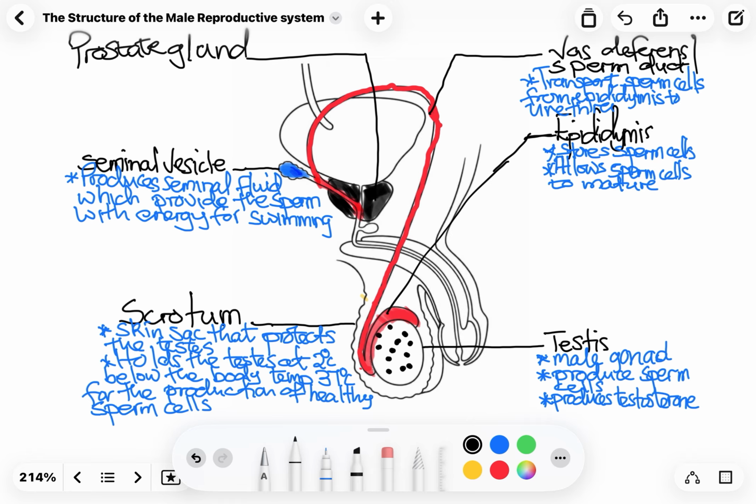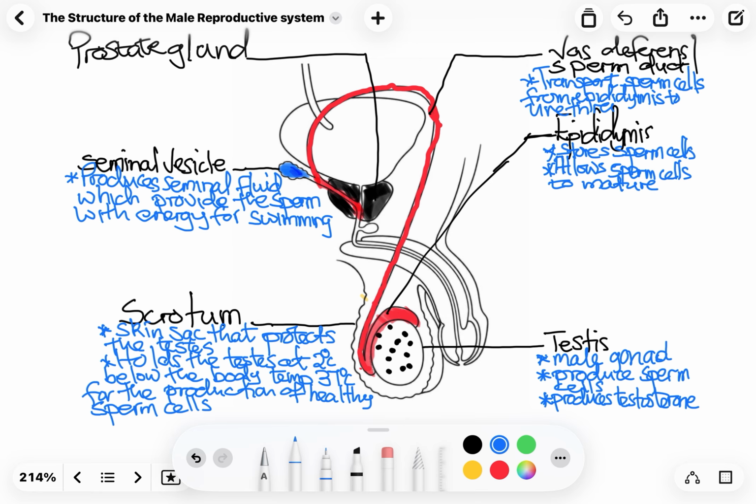So to counter this or to prevent this from happening, our prostate gland comes in, secretes an alkaline substance that would neutralize the acidity of the vagina so that our sperm cells survive. All right? So the function of the prostate gland is to produce an alkaline substance.